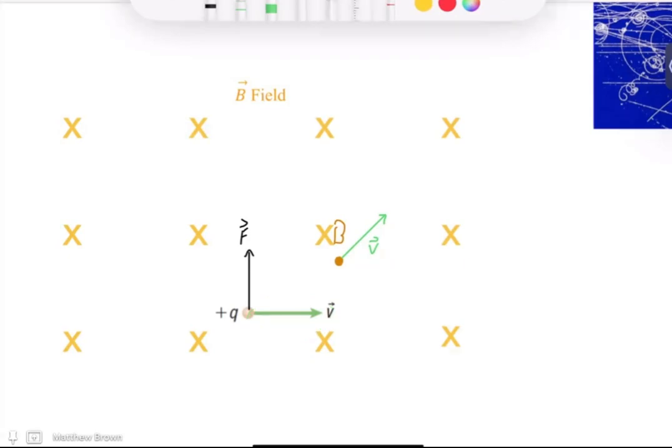So now the question becomes, in what direction is the force on this thing now? Well, I've got to use my right hand again. I've got to point my thumb in the direction of the velocity. I still have to point my fingers of my right hand down into the page. So basically my hand would look like this, and my fingers would be going down. You wouldn't see my fingers from this perspective.